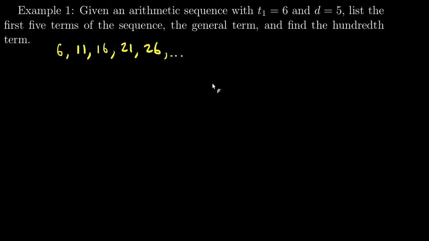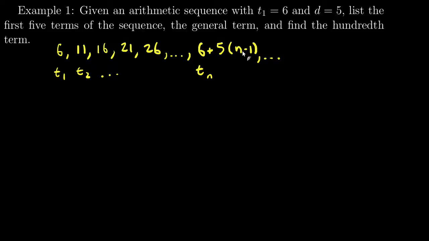The general term, I can use that closed form, saying, okay, if I want to get to the nth term, it's going to be 6 plus 5 times n minus 1. I could even distribute the 5 and get a slightly nicer looking format, but this will work. Okay? So this will be useful. This general term will be useful when we start doing series and get into Taylor and Maclaurin series later on.